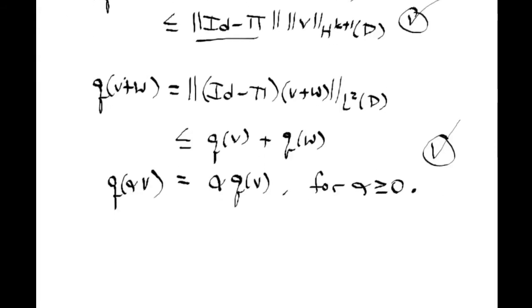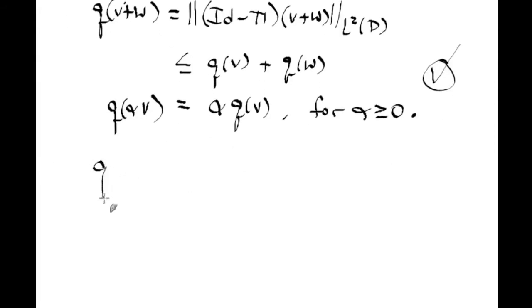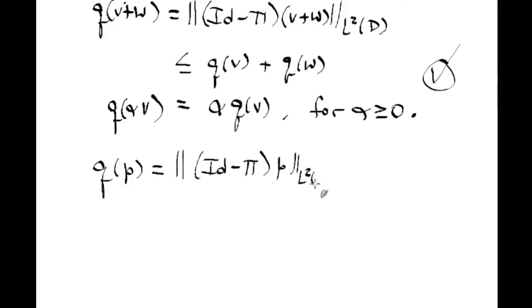Well, the last thing to check is Q of p. Here we're assuming p is a polynomial of degree k. So this is the identity minus pi of p. But remember, the projection of a polynomial is just the polynomial itself.